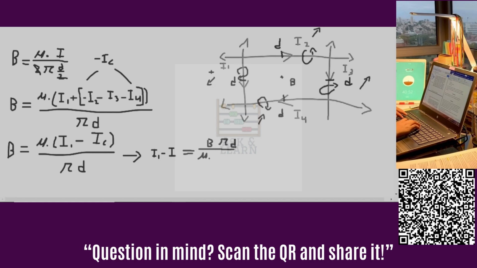So we have B times pi times d divided by mu naught. Now this is equal to our conglomerate current here, our sum of three different currents minus the current we're looking for. So we can move that IC over to the other side by adding it to both sides.